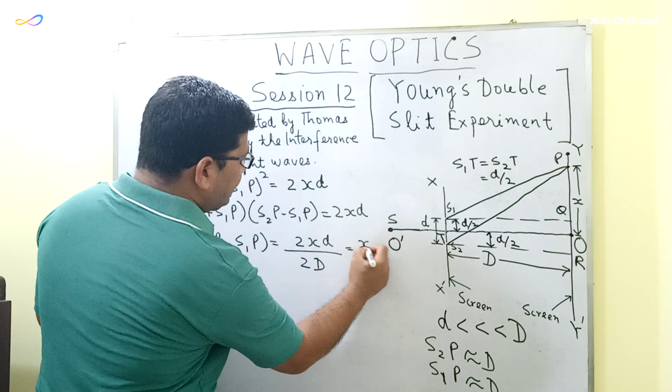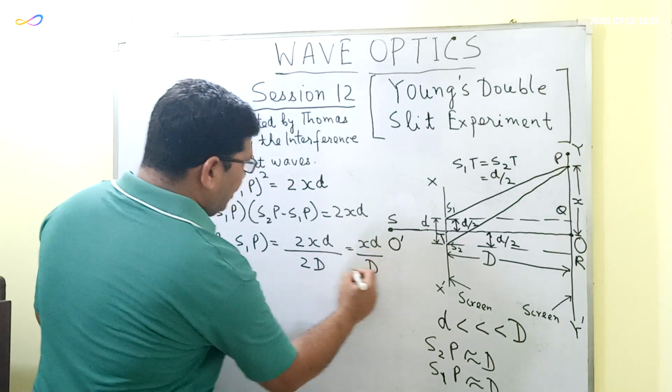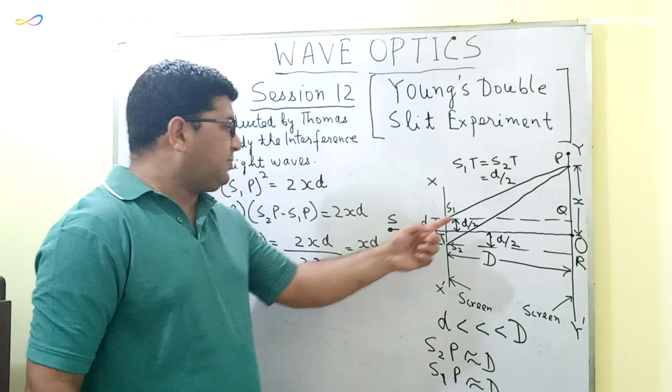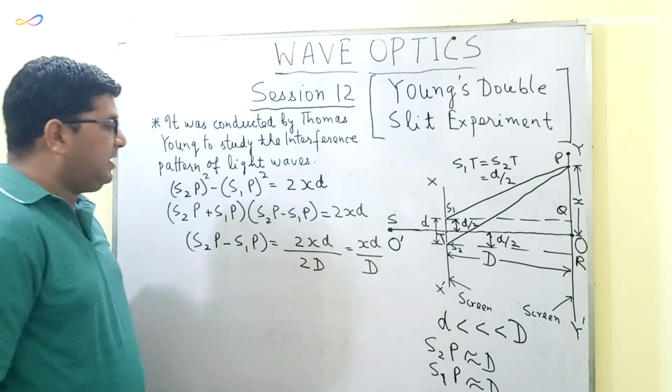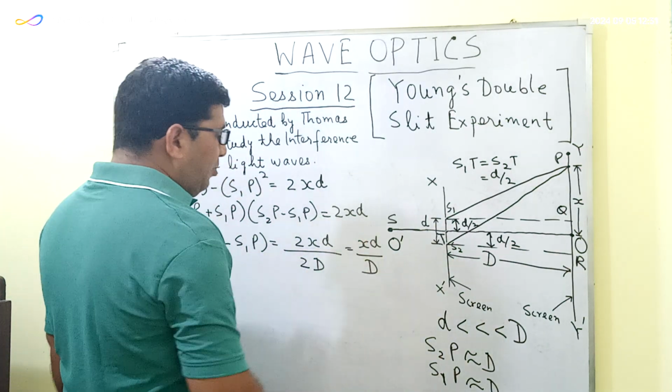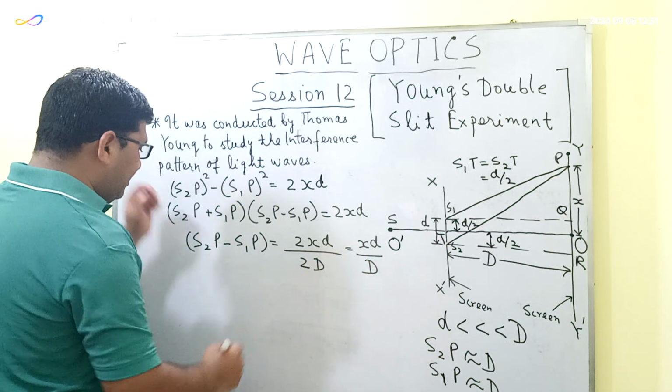The path difference between the two light waves emanating from these two pinholes will be equal to xd upon D, x multiplied by small d divided by capital D.